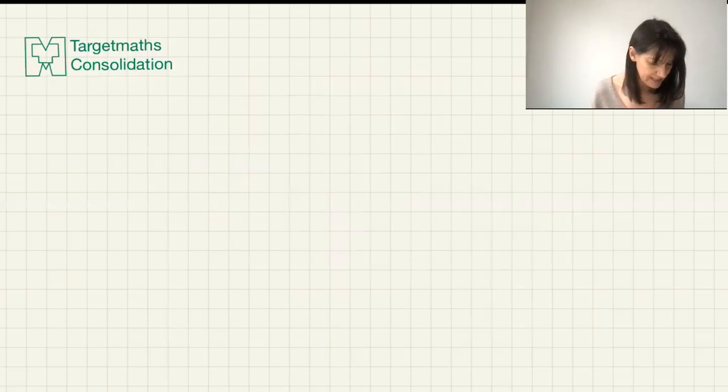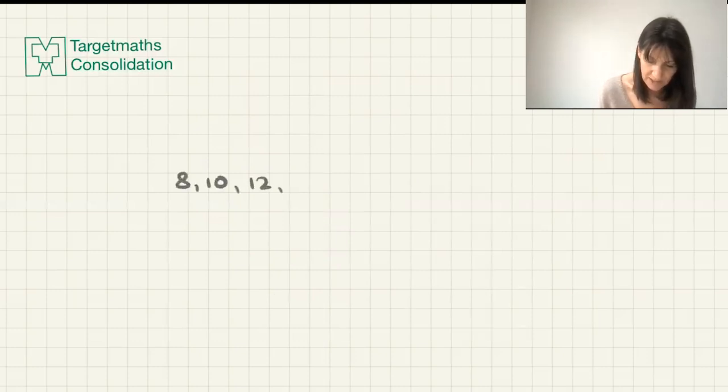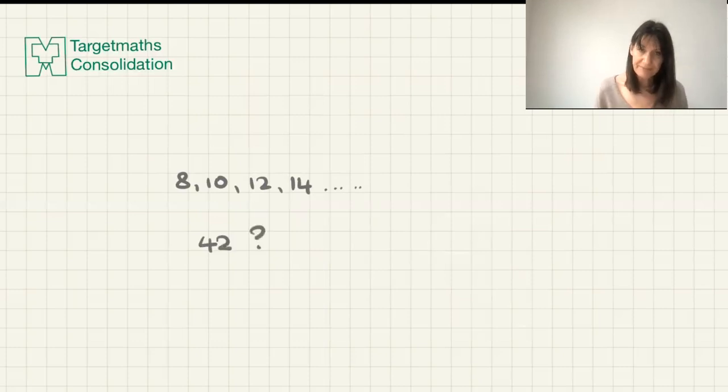Okay, next question. I'm going to give you the sequence 8, 10, 12, 14, on and on it goes. I want to know, does the number 42 lie in this sequence? All right, and you need to give a reason for your answer. So hit that pause and press play when you're ready.